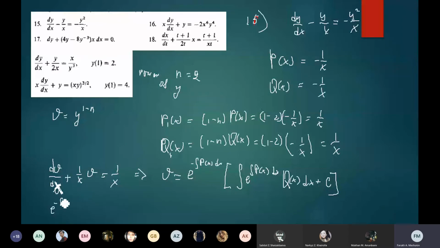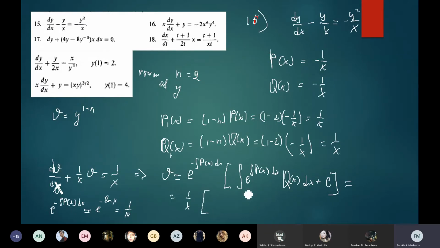So we need to first find the integral of P(x). The integral of P(x), which is 1 over x, is ln x. Right, because the minus comes into the power, so here it will be 1 over x. I wrote that this is equal to 1 over x.